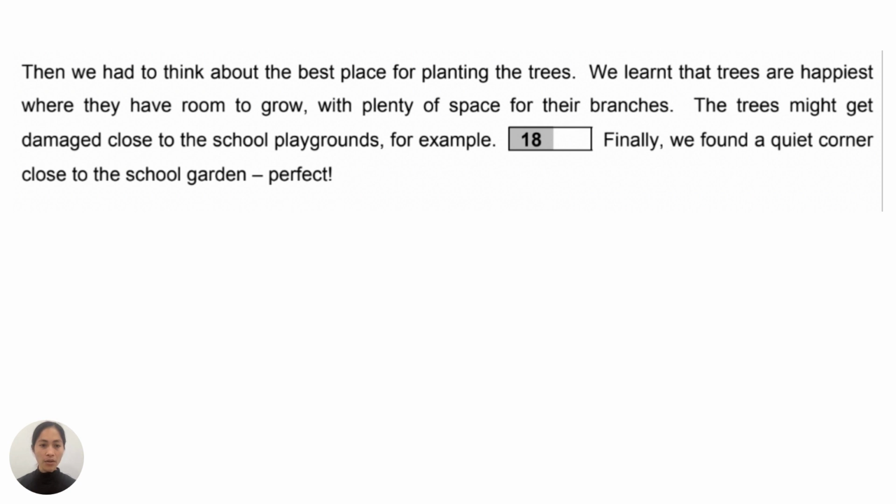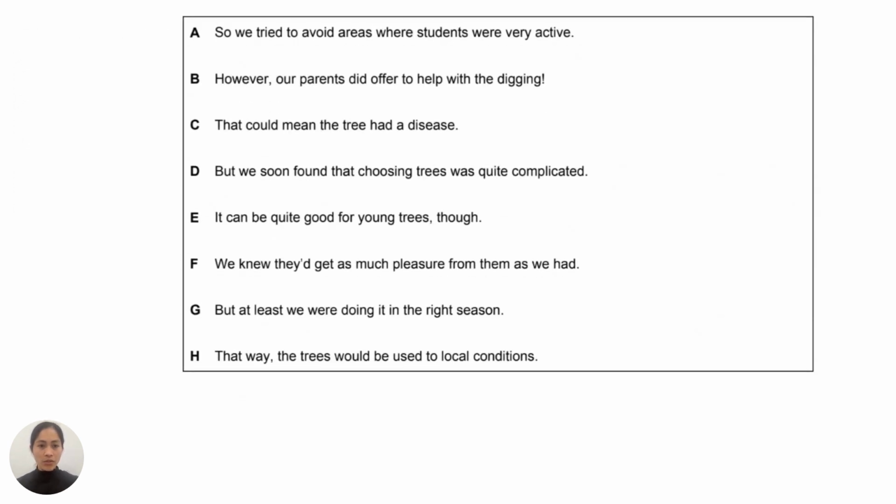It's talking about the damage of putting trees in a school playground, but however, they find a quiet corner close to the school garden. So it's about avoiding places that have a lot of kids. That would be our clue.